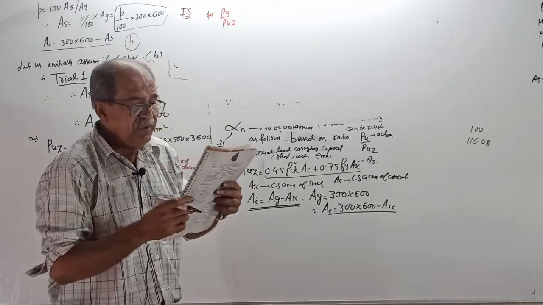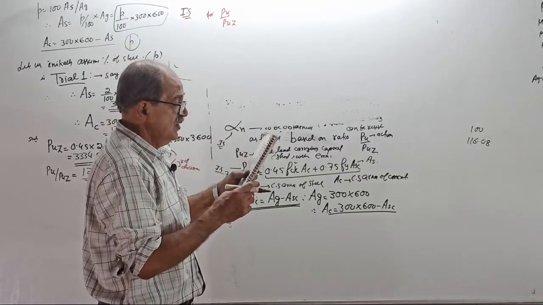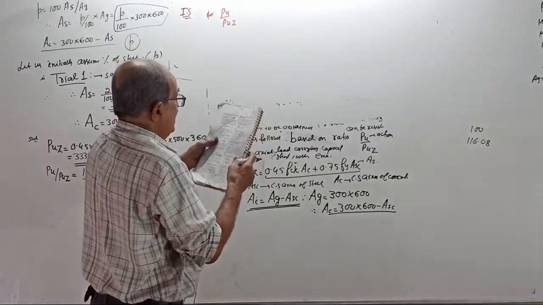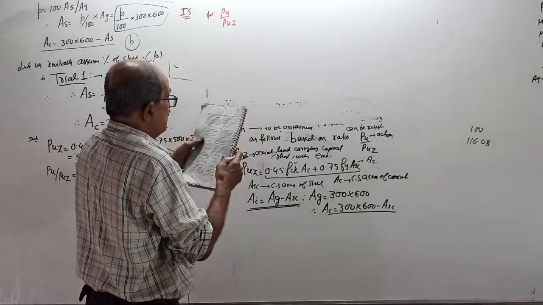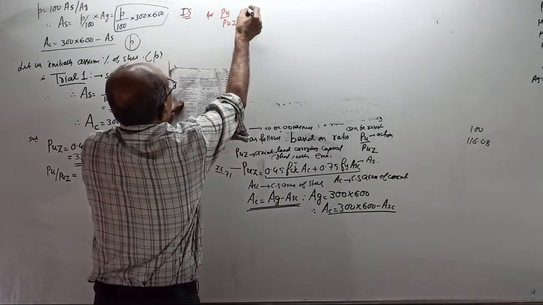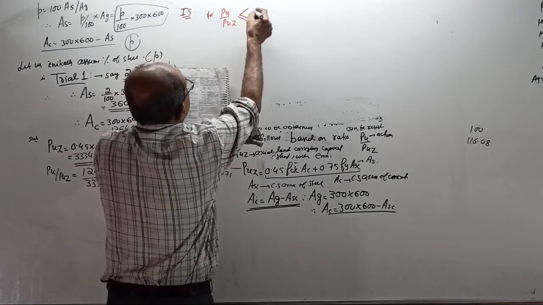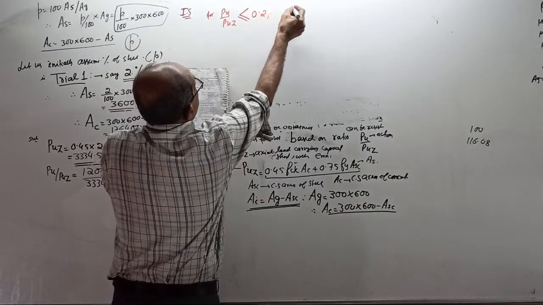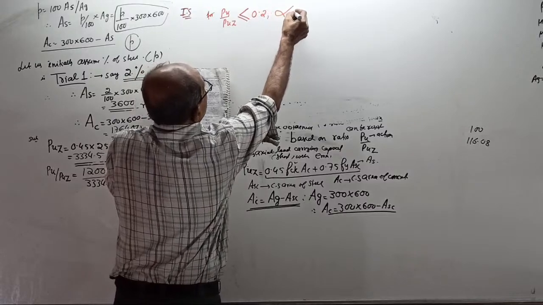For PU by PUZ either less than or equal to 0.2, they told alpha n directly.